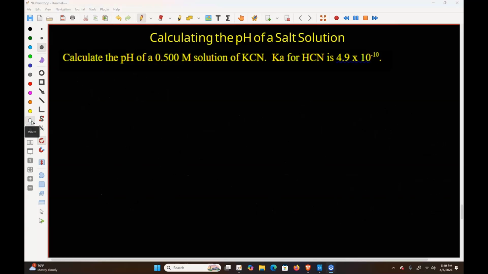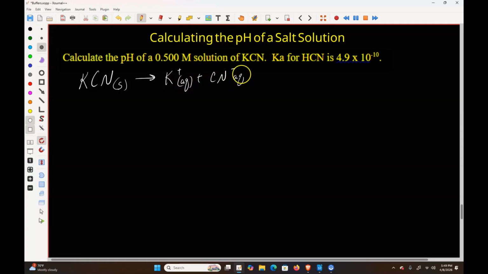All right, let's actually try a salt here. So I have potassium cyanide. It's a solid. If I were to dissolve this, I would get K plus aqueous plus CN negative aqueous.